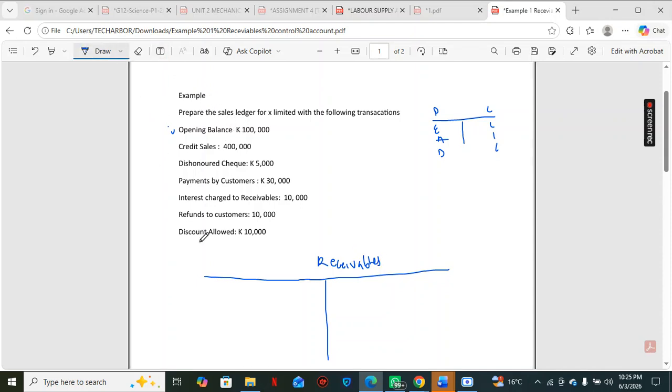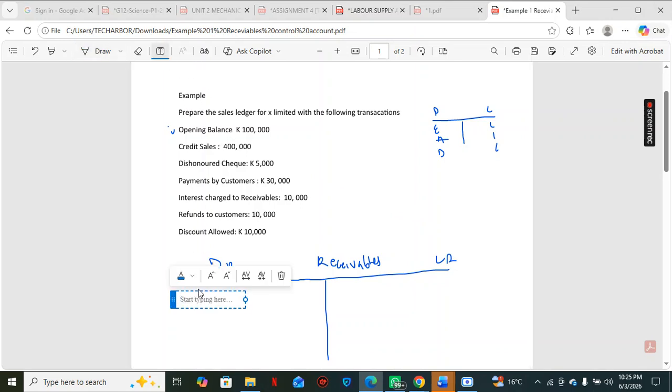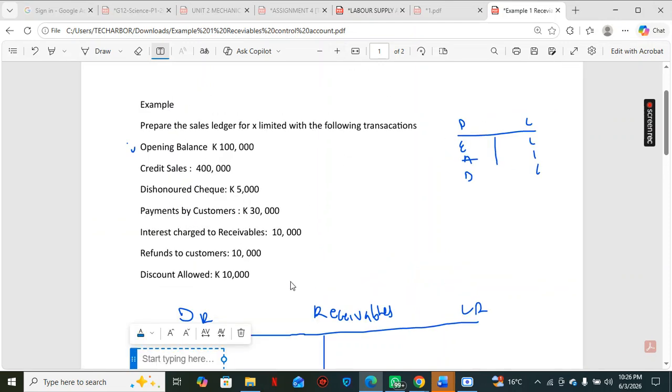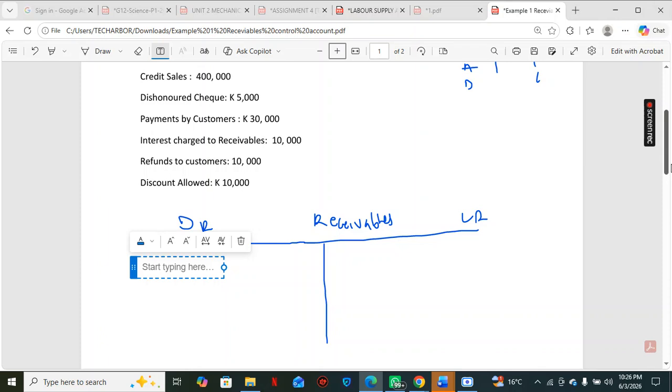Since this is an asset account, a receivable, the money that is being owed to you, is an asset. So the opening balance, the balance brought down, we're going to put here. Say balance brought down 100,000 on the debit side.